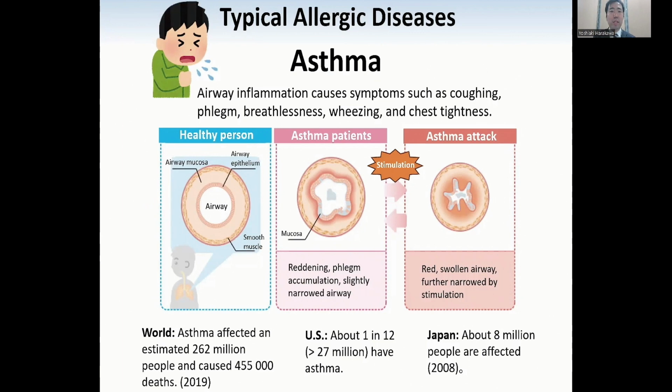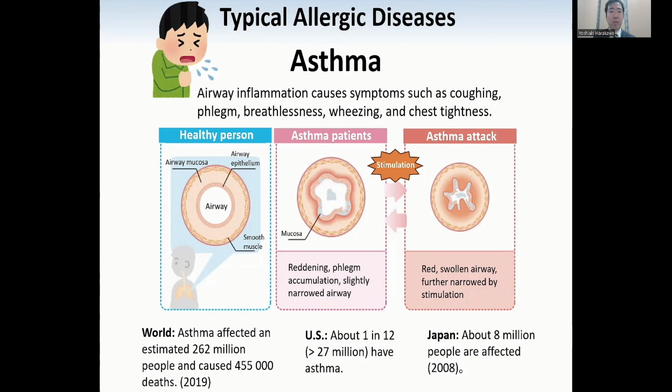In asthma patients, inflammation occurs in these airways, causing reddening, phlegm accumulation, and narrowing of the airways. When the airways are stimulated in any way, they become even narrower, resulting in the aforementioned symptoms.